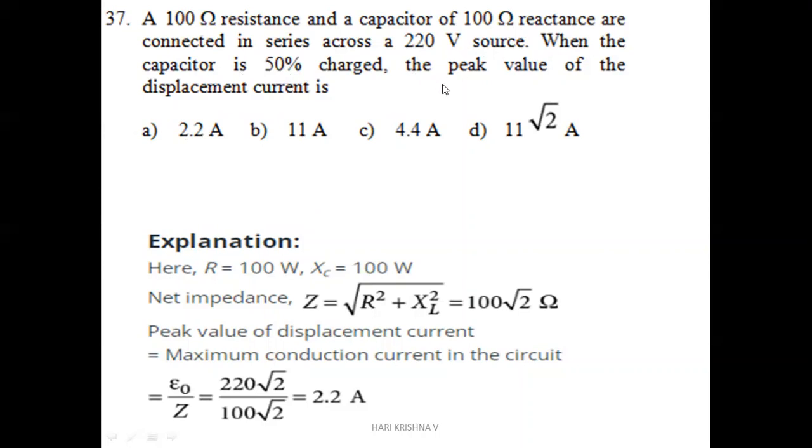So Z is equal to root of R square plus XC square, 100 root 2. The maximum current will be E naught by Z. So 200 root 2 by 100 root 2, that is 2. Option A.